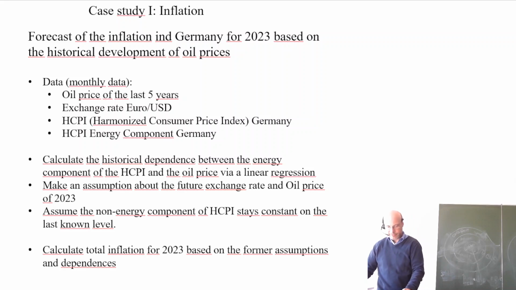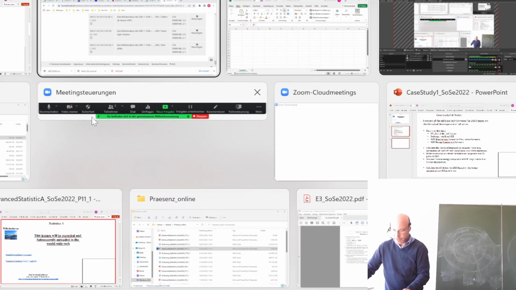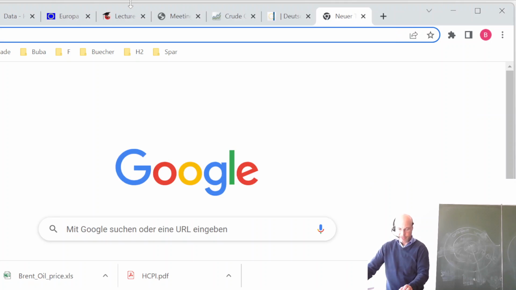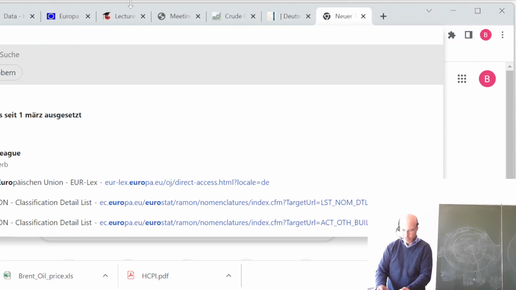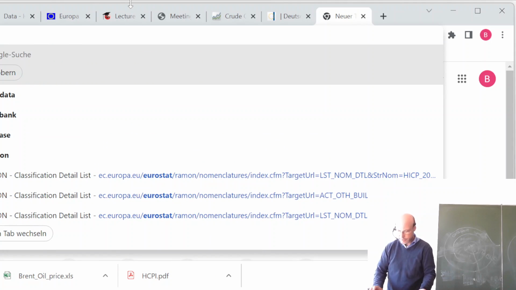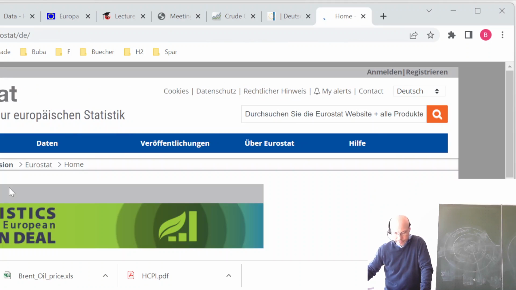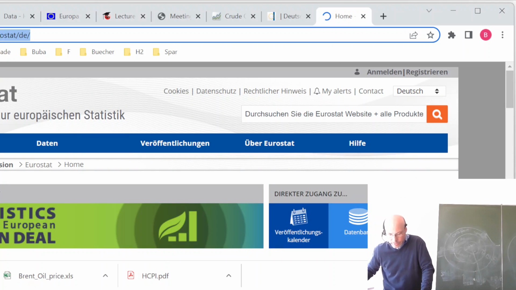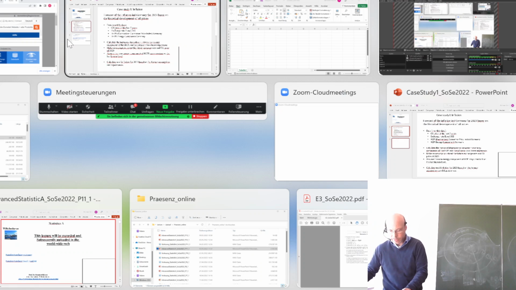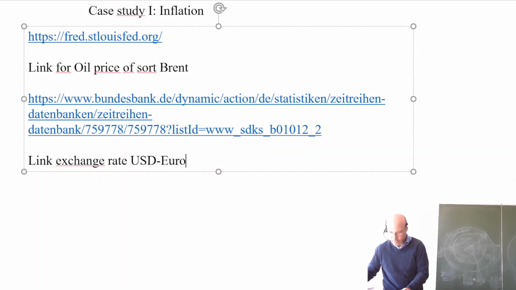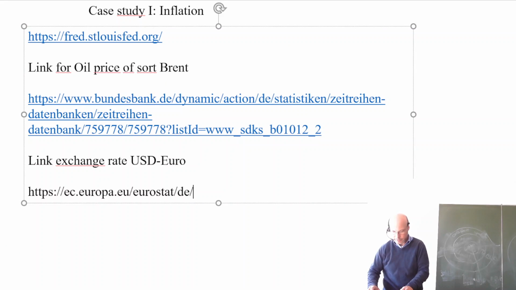Well, there you have, of course, the General Statistics Office of Europe, and this is Eurostat. They are situated in Luxembourg. And here we are. Eurostat. Let's also take the link, HCPI.